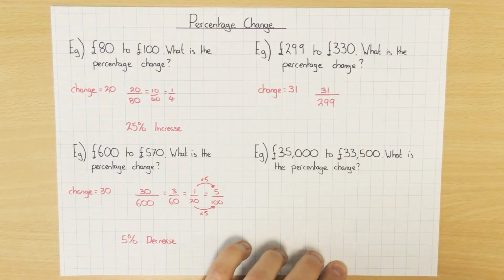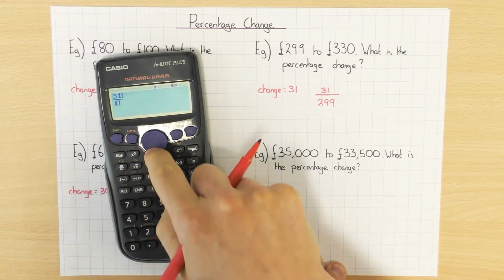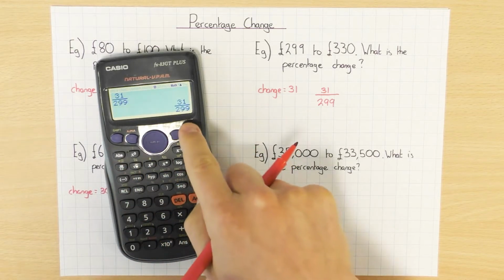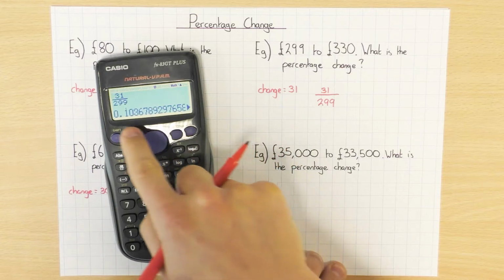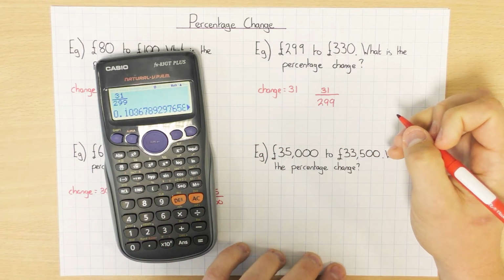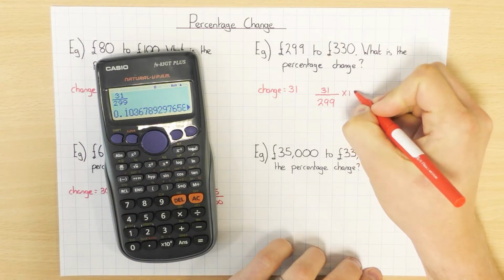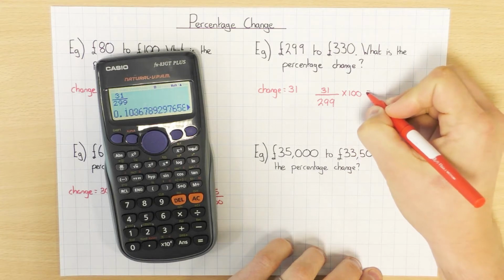If I get my calculator and do 31 over 299, you'll see I have my fraction, but if I press the SD button, it gives me a decimal. And if you've seen my video on how to convert decimals to percentages, all we do is times by 100. So if you times the decimal by 100, it gives you the percentage.